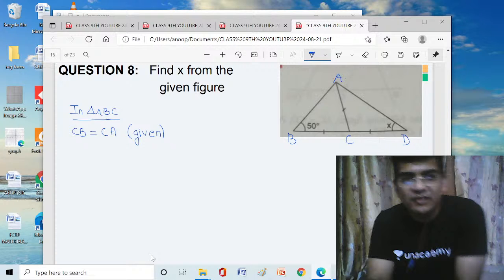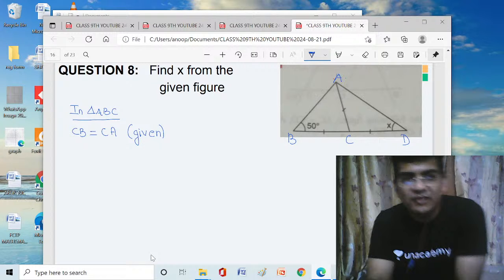A and B both are equal, 50 degrees each. So I can get P from here. So P will be equal to 180 minus 100. So P is equal to 80 degrees. So I have calculated this P.